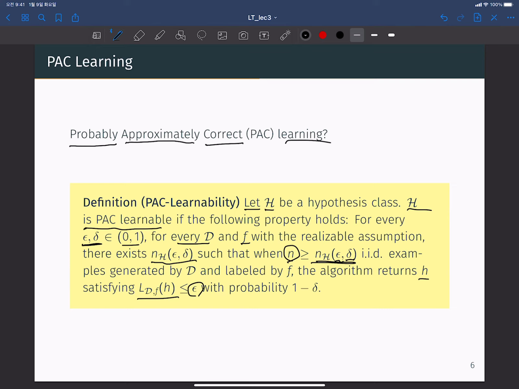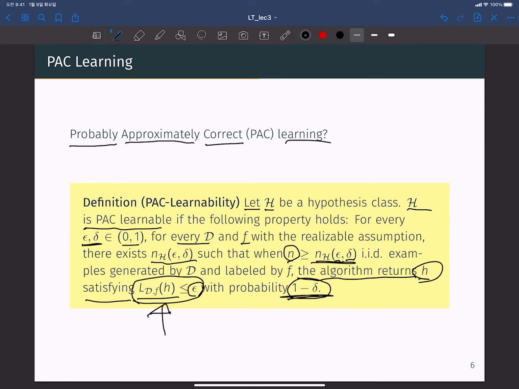So the key bottom line is this: the algorithm returns h satisfying test error less than or equal to epsilon with probability 1 minus delta. So we define learnability using this probabilistic statement. We define the quality, the epsilon amount of looseness, so an epsilon amount of loss on your test error, with probability 1 minus delta.